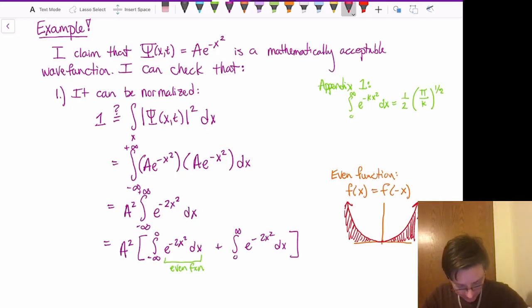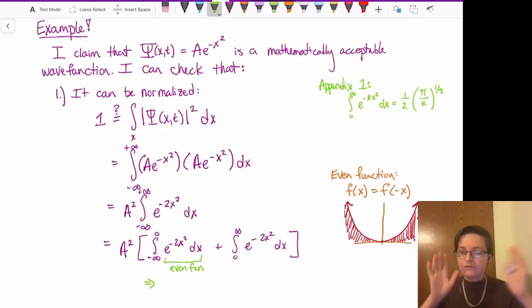And so that implies for us that the first half of our integral and the second half of our integral are the same. Again, that's because we're dealing with an even function in this case.